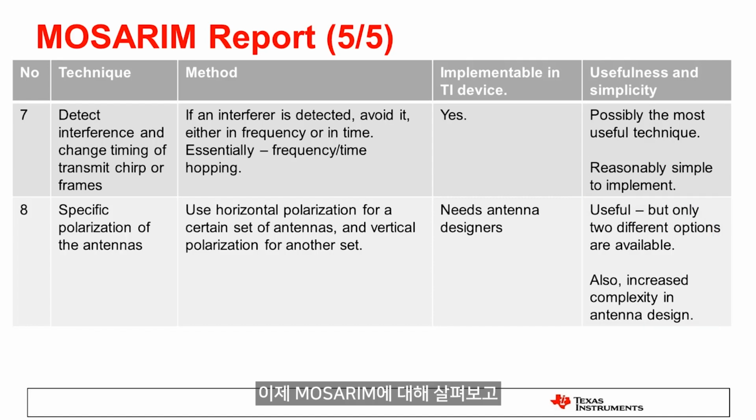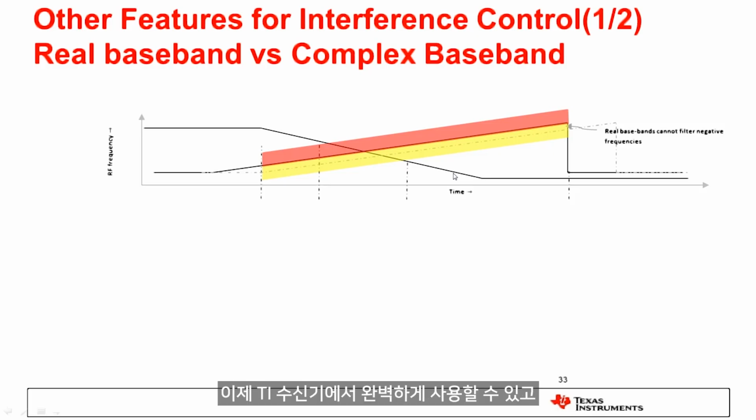Now that we have discussed MOSRIM and found that nearly all of its recommendations can be implemented in TI devices, we will move on to two features that are only available in TI receivers and help in the control and mitigation of interference. The first is the fact that TI receivers use a complex baseband.